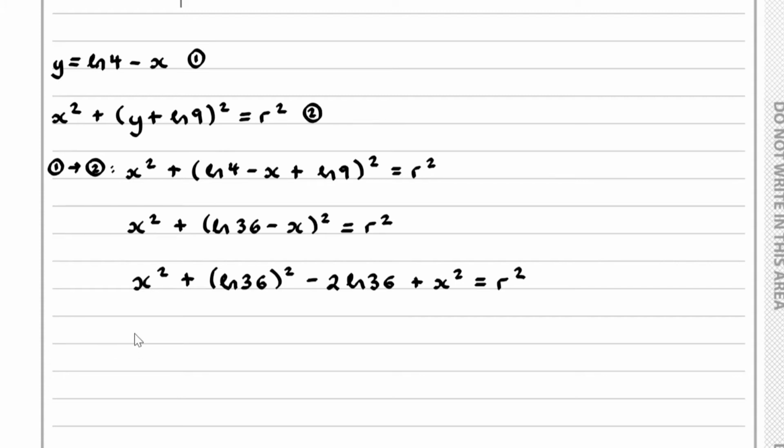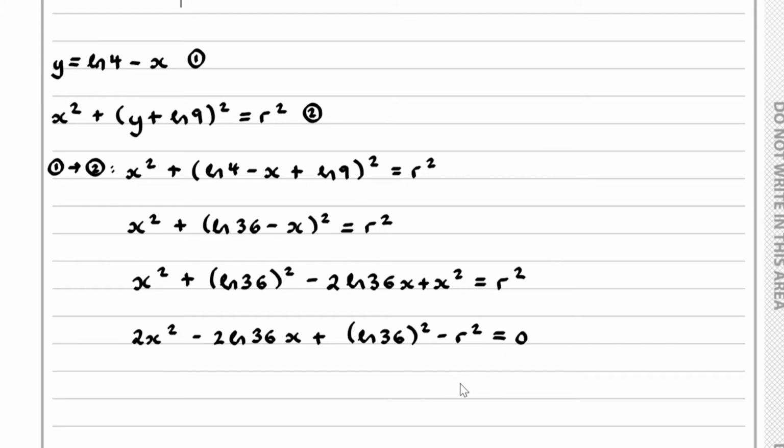So therefore, we have 2x squared subtract 2 times the natural log of 36 times x plus natural log of 36 squared subtract r squared equals 0.